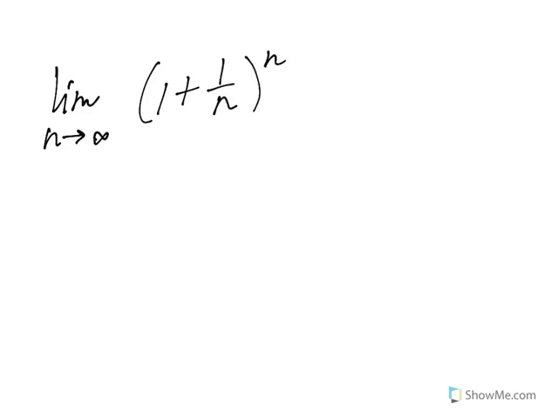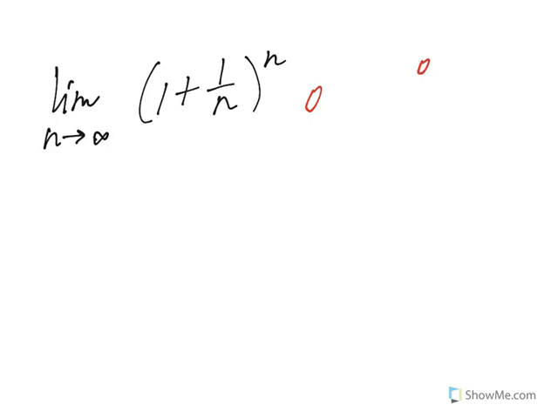You'll be asked to find limits in this section, so if I take the limit as n goes to infinity of, say, for instance, 1 plus 1 over n, that quantity to the nth power. The same indeterminate forms from Section 7 apply to Section 8.1. And if you recall, these are the indeterminate forms.